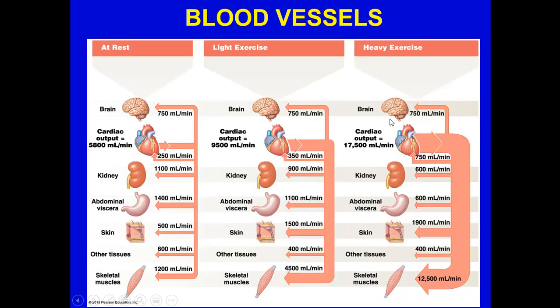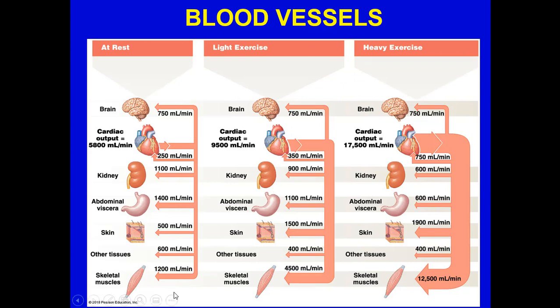As you can see here, when we have rest, you have a certain amount going to the brain. Notice that right across the entire chart here, you can't change blood delivery to the brain. That's a no-no. I know it sounds silly, but it's a key point that even in light, heavy exercise, etc., you always still have a certain amount of blood going to the brain.